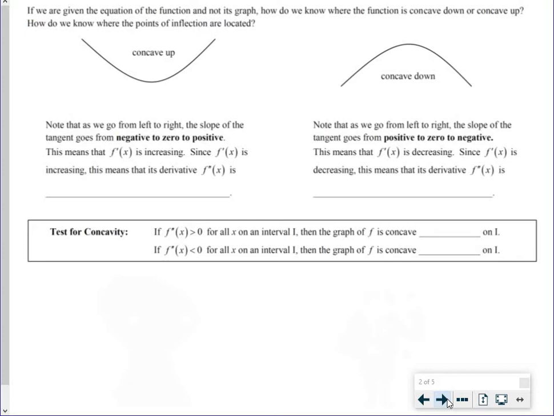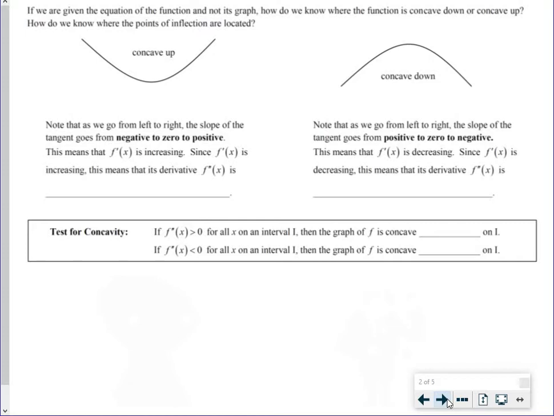Okay, so if we're given the equation of the function and not its graph, how do we know where the function is concave down or concave up? And how do we know where the points of inflection are located?